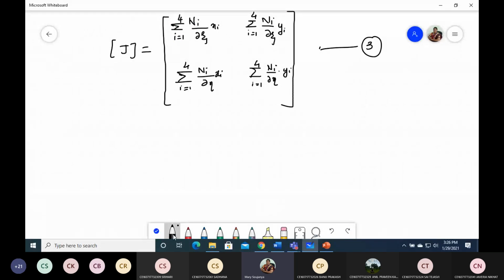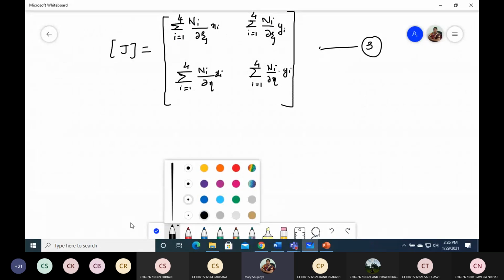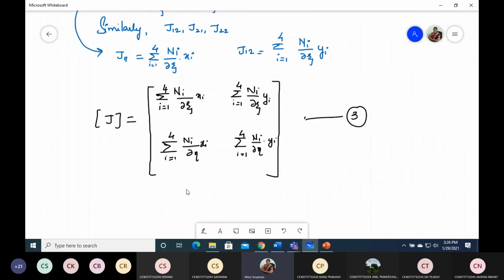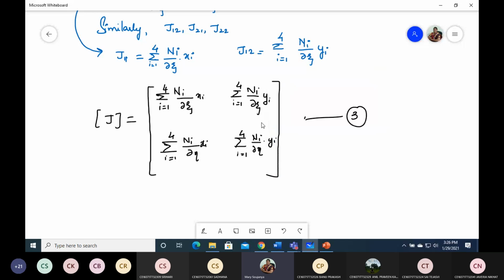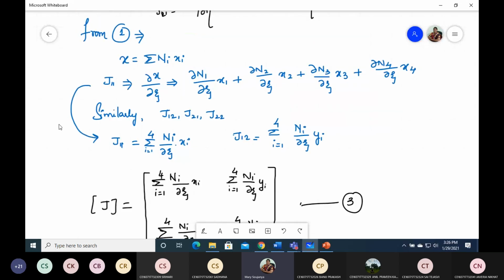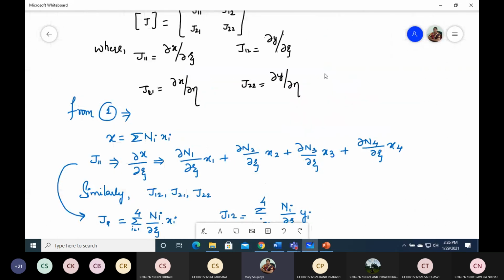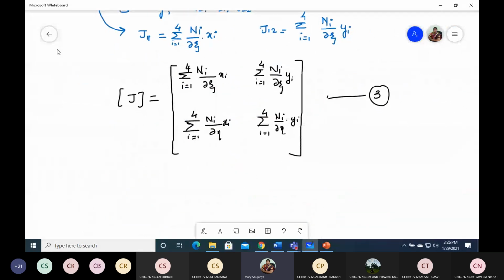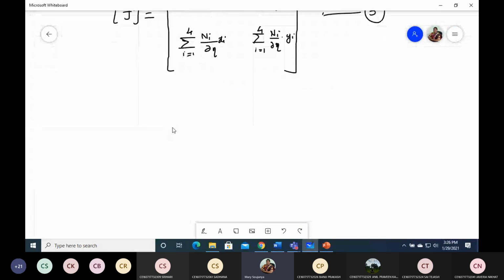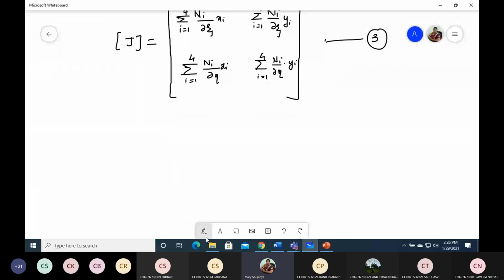Now, we have already seen from equation number 2, what do we have?